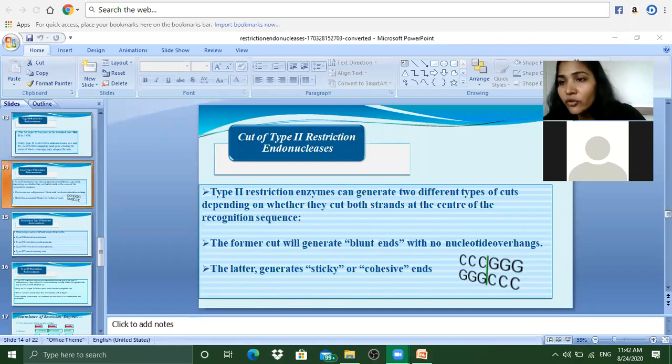In case of type 4, we just know that it cleaves the DNA which is methylated or normal DNA, and what is the exact recognition site that it cleaves, that we do not know. So it is still under research, and we have a few examples in that as well, but we will not be covering that part in this particular lecture.